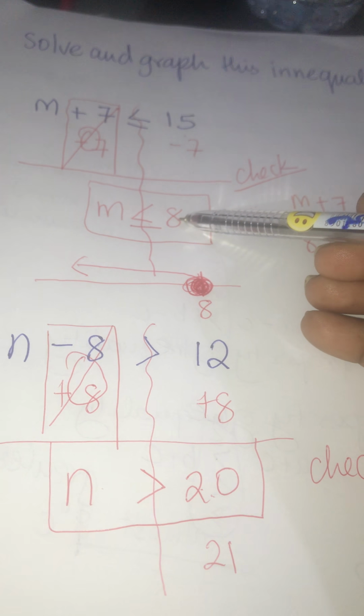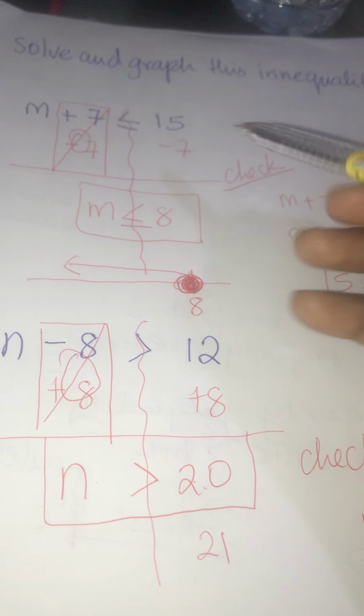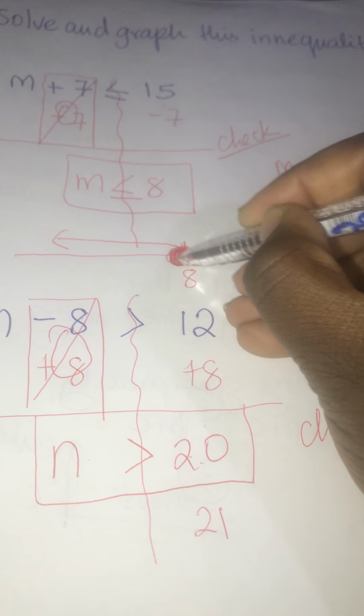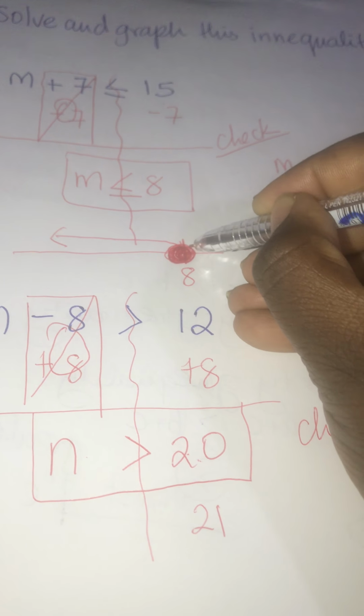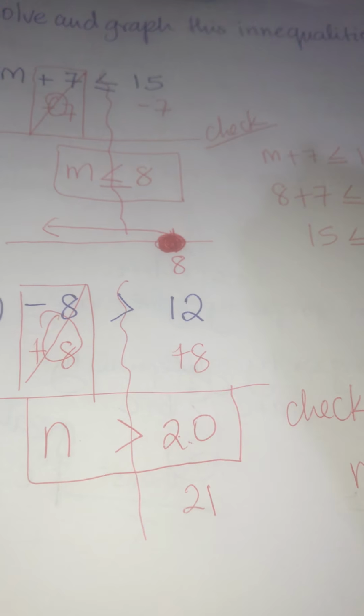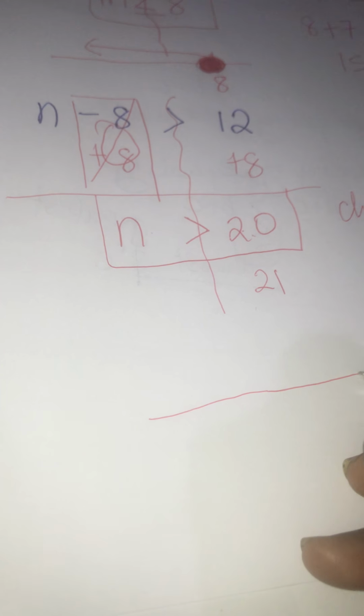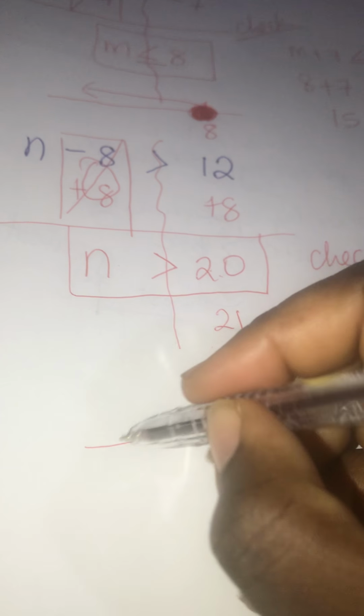I need all the numbers less than and equal to 8. Make sure when you color your circle, no white is left. Everything has to go. It has to be all dark. Remember, you color when you have the equal to sign. So let us graph this one. Use your ruler.